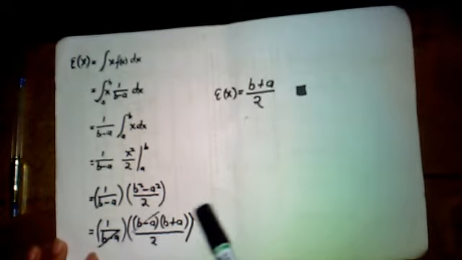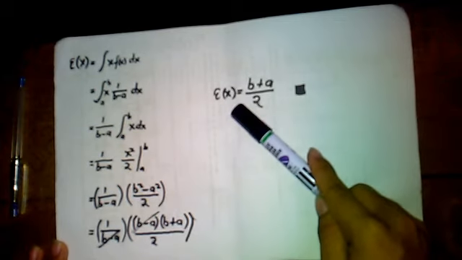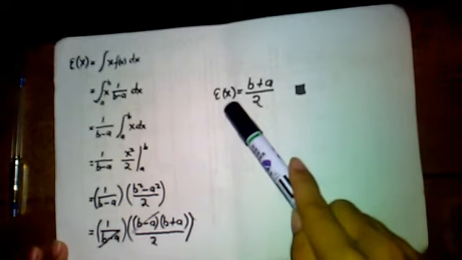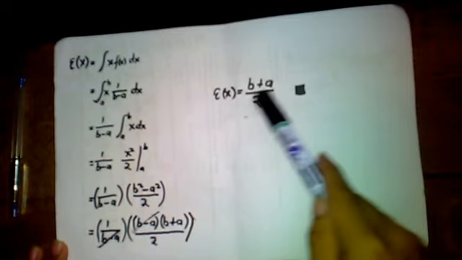We all know that b squared minus a squared is a difference of squares. So we have 1 over b minus a times b minus a times b plus a over 2. So b minus a is cancelled out, and we have the expected value of x equal to b plus a over 2.